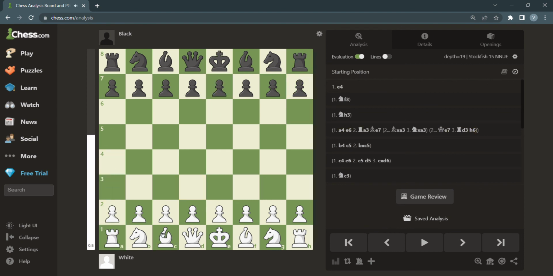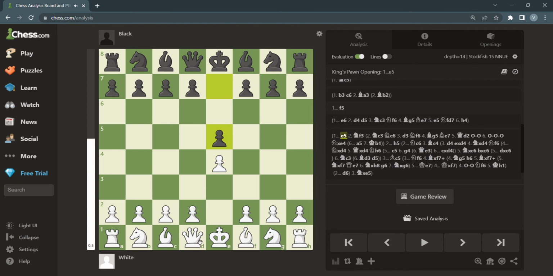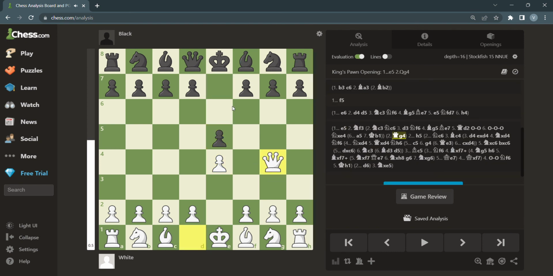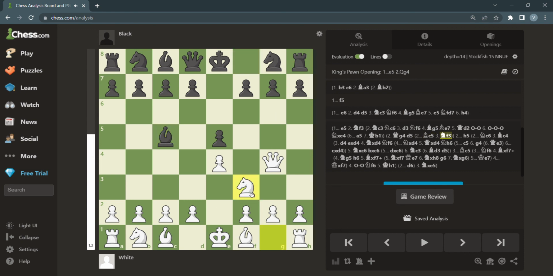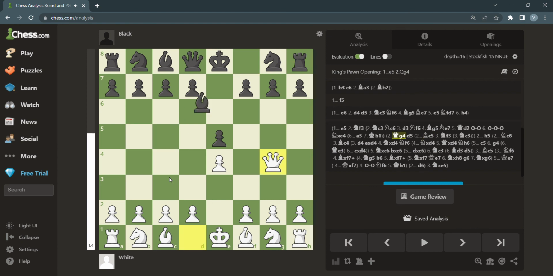Okay, and finally, we're going to talk about the queen. How does the queen move? This is an opening, and this isn't a good move because your queen can be attacked easily.